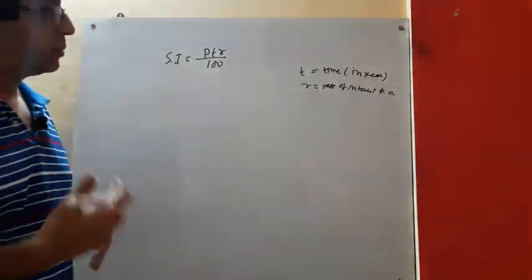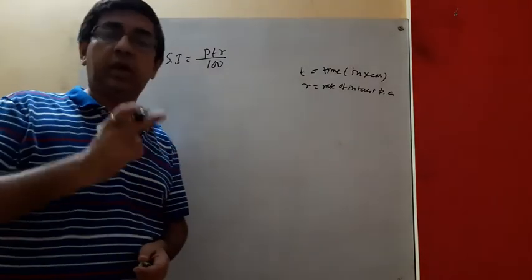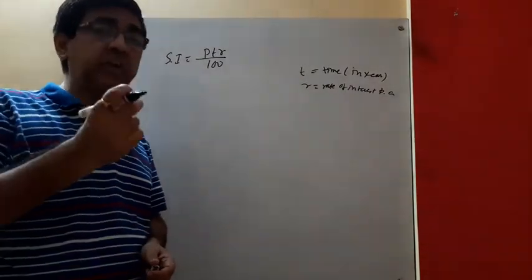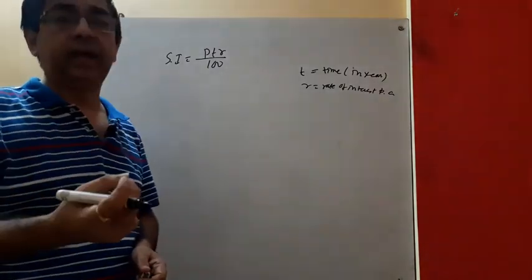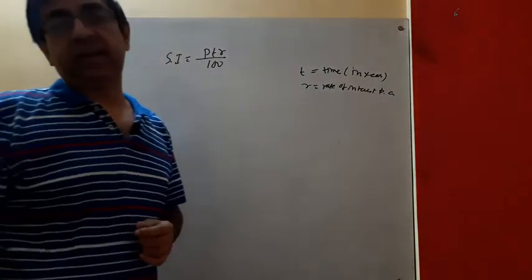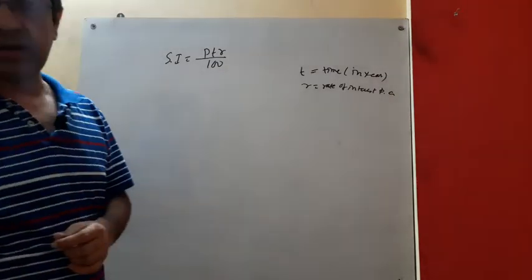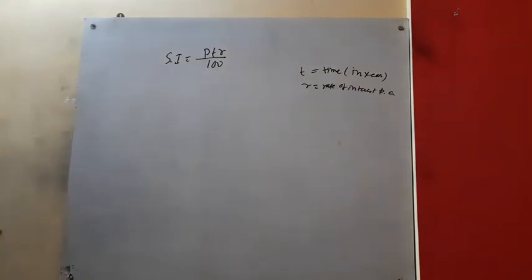But in case of compound interest, the principal is changing. Why? Because the amount of 1 year will be the principal of the second year, and the amount of the second year will be the principal of the third year. In this way, it is calculated.